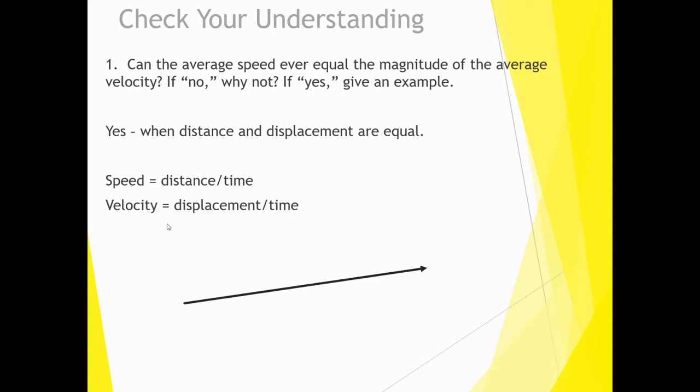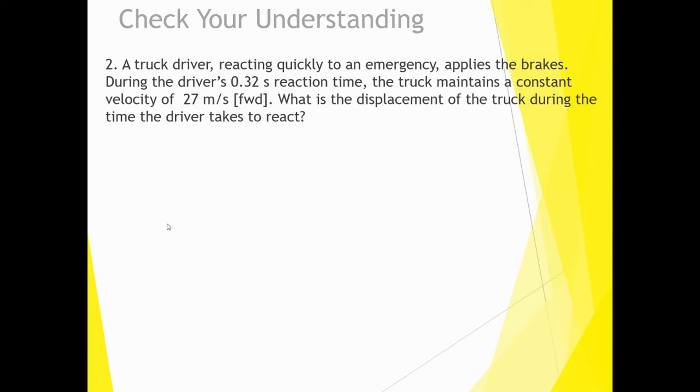The next one, a truck driver reacting quickly to an emergency applies the brakes. During the driver's 0.32 second reaction time, the truck maintains a constant velocity of 27 meters per second forward. What is the displacement of the truck during the time the driver takes to react?